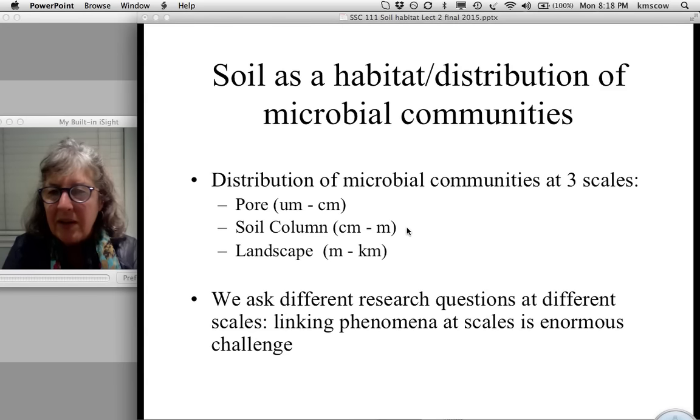And then we have landscape scale phenomena, particularly when you're talking about things like respiration and production of methane or consumption of methane or nitrous oxide production. We're often interested in these processes at very large scales, particularly with climate change, trying to make predictions and trying to mitigate climate change through manipulating some of these processes.